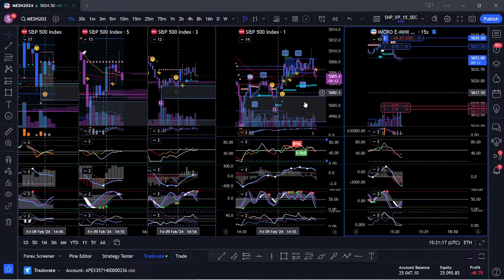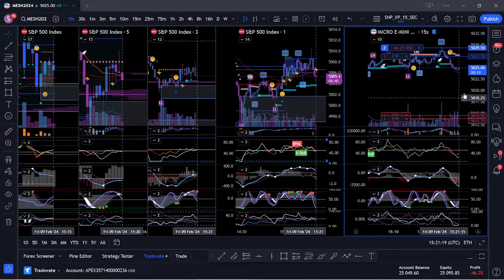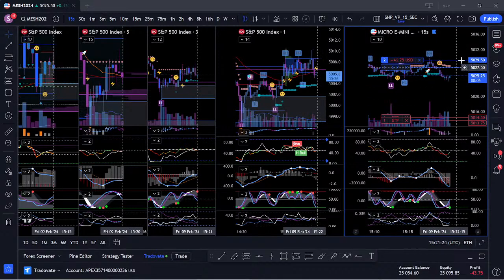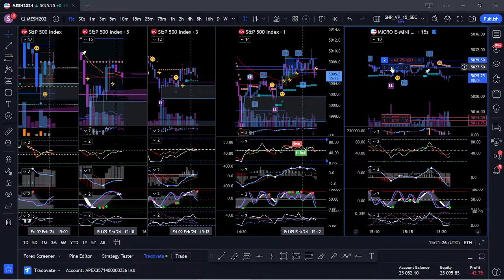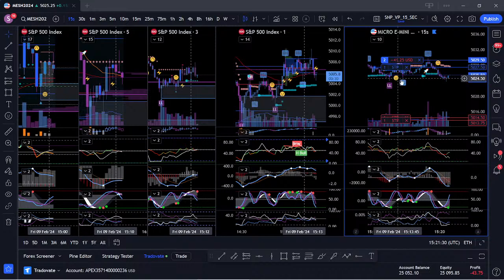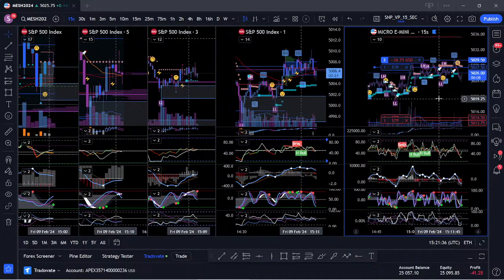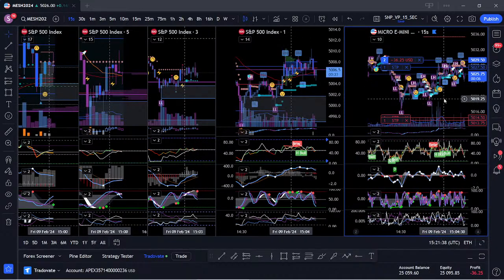I know it's very far away, but I am scaling in. My target is up. My target to trade is up. I will buy some here. So this is an area to buy.